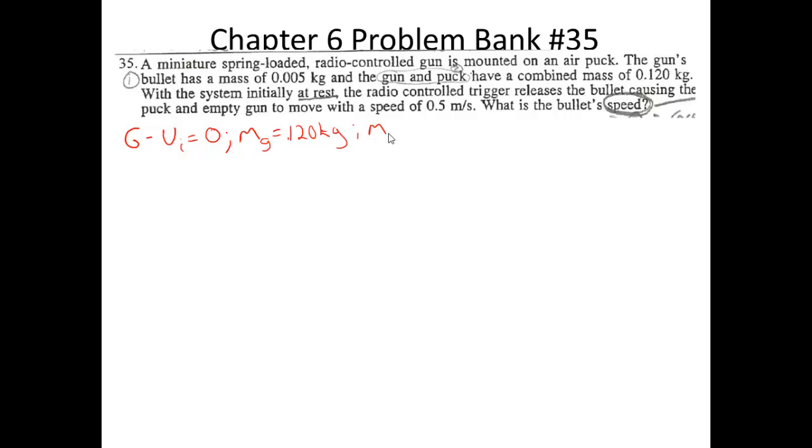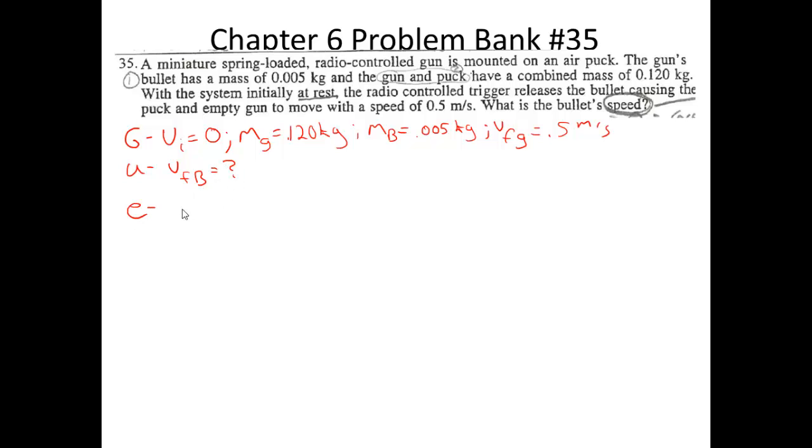The mass of the bullet is equal to 0.005 kilograms. The final velocity of the gun is equal to 0.5 meters per second. Our unknown will be the final velocity of the bullet.